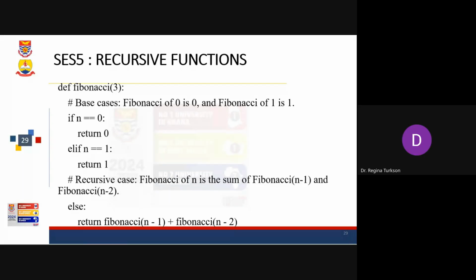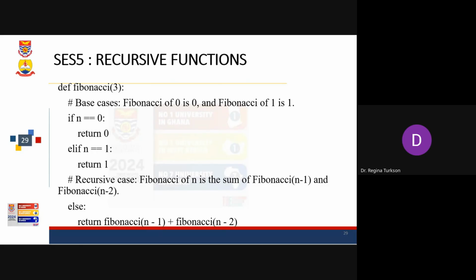So this is the code for Fibonacci. The first one that we did is factorial. This is Fibonacci. According to the Fibonacci rules, the base case is that if you have the Fibonacci of 0, the answer is 0. If you have the Fibonacci of 1, the answer is 1.